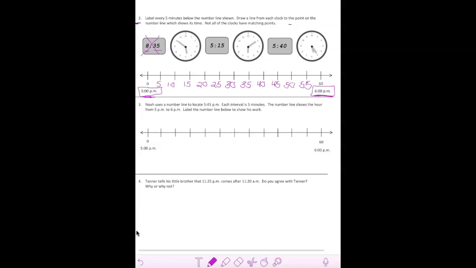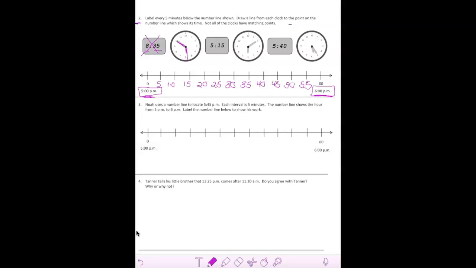The next clock, when I look at the short hour hand and I follow it out, it's right in between 5 and 6. So is this 5 o'clock and some minutes? It is. So it's 5 o'clock and it goes to the 10.